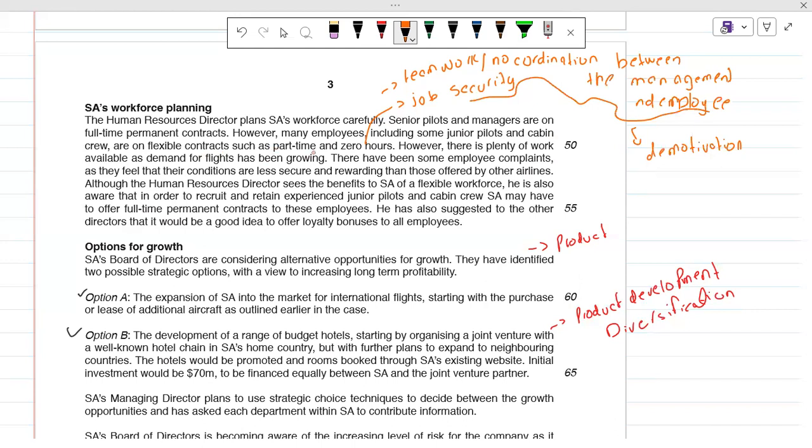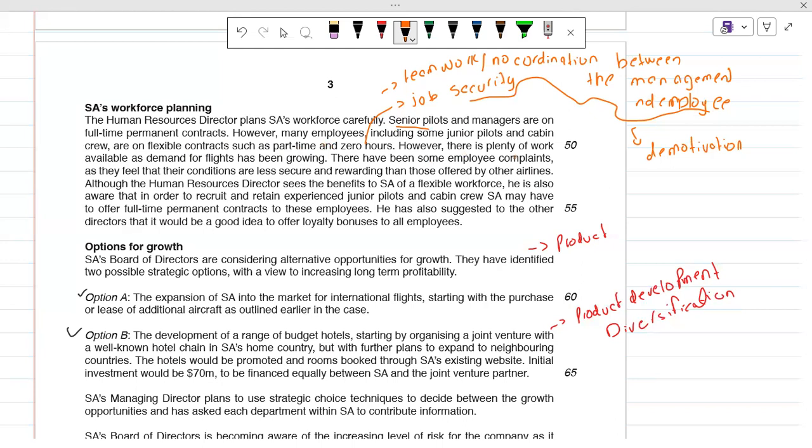If they hire any person for part time and zero hours, they are not responsible for giving any fringe benefits and salary. Sometimes they don't have any demand for the flights, but they still have to pay the salary to the senior pilots. But if they are announcing flexible contracts to the junior pilots and the cabin crew, they can cut their cost, which is very important for their growth because they need investment.